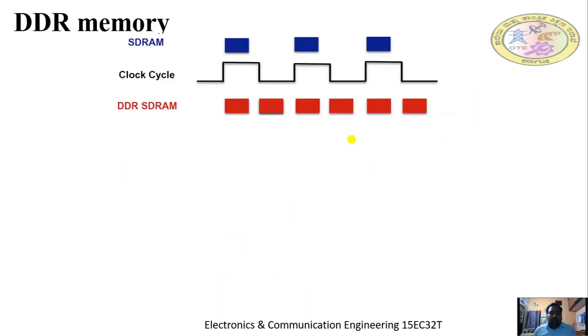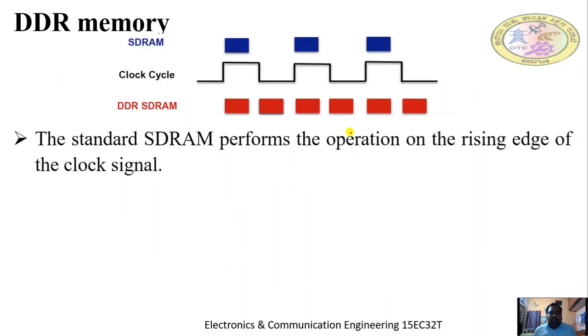The basic difference between SDRAM and DDR RAM is that the standard synchronous dynamic random access memory performs the operation on the rising edge of the clock signal. You can see here the clock signal. The one shown in blue is the operation of SDRAM, and the one shown in red is the operation of DDR SDRAM.